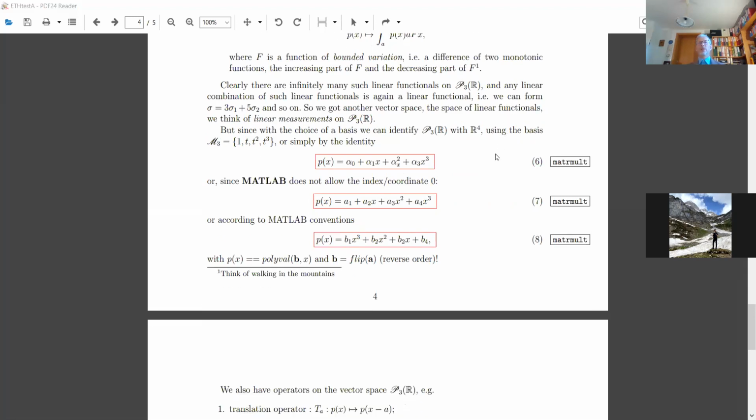Let me just mention the different representations of a polynomial. Mathematicians would use the first formula with coefficients alpha 0 to alpha 3. The advantage is that the label corresponds to the exponent attached to it. This is convenient but not compatible with the idea of MATLAB.